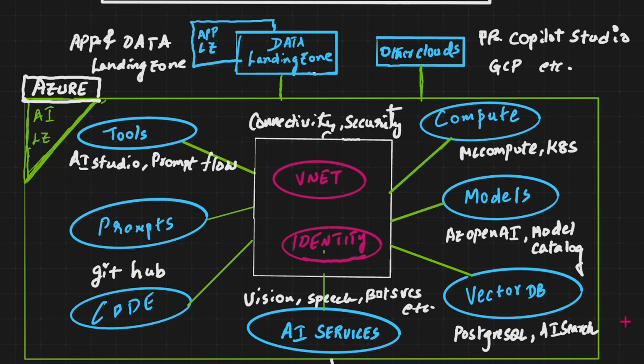So these are not traditional databases. In some cases, such as Postgres, it's an extension of the Postgres SQL database, or we offer our own AI Search as a vector index, and also you could use any open source vector databases such as Pinecone.